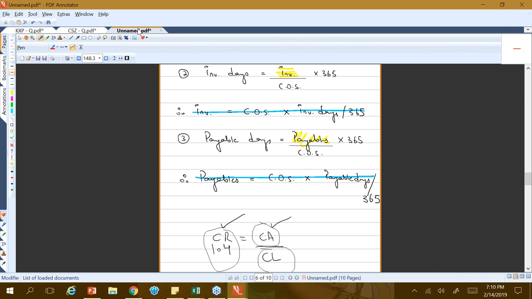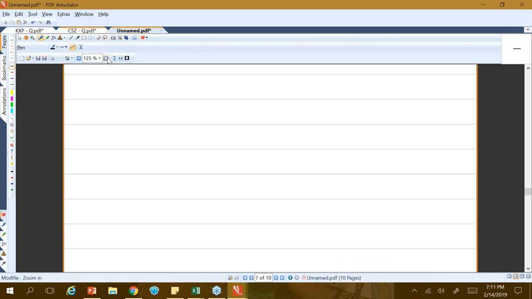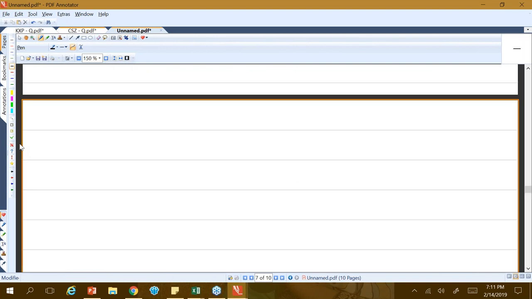Now, we have a bit of time here, so I am going to go into a few more things which would be of benefit to you for working capital.